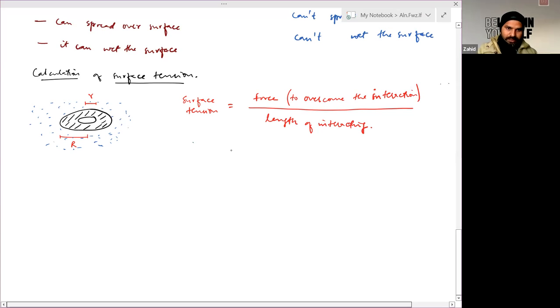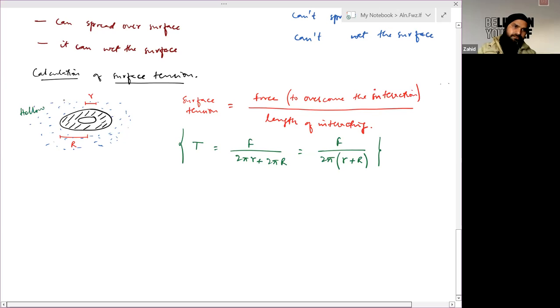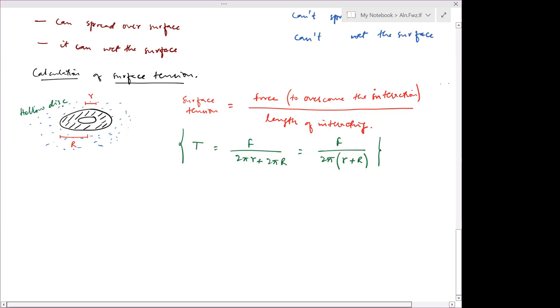So T equals force divided by inner length, which is 2 pi r, plus outer length, which is 2 pi capital R. So if we take out common 2 pi, it will be just r plus R in case of this hollow disk. Is it clear? Yes, sir.